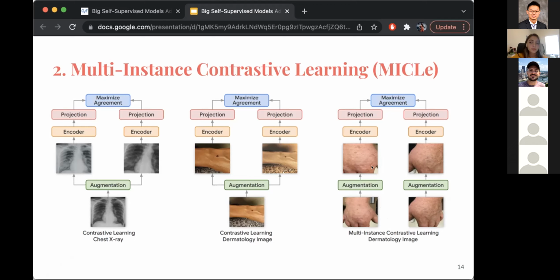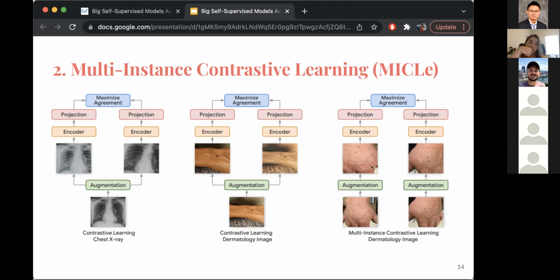So I would say basically this is just applying the usual SimCLR; multiple instance contrastive learning is just something they leverage from the nature of the data set, right? For ImageNet, we only have a single image.